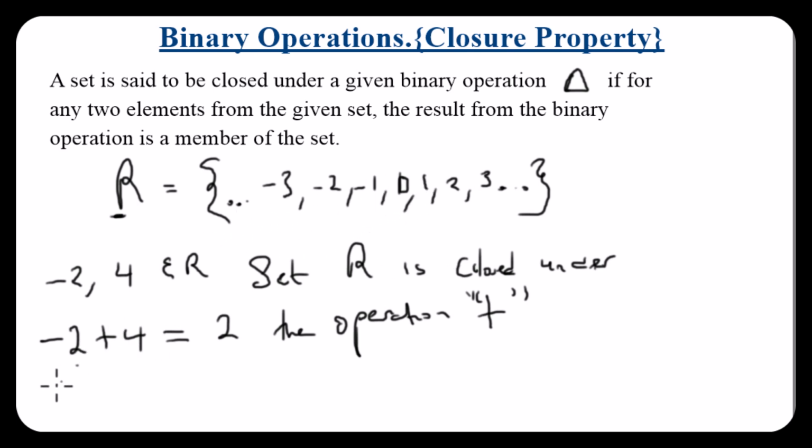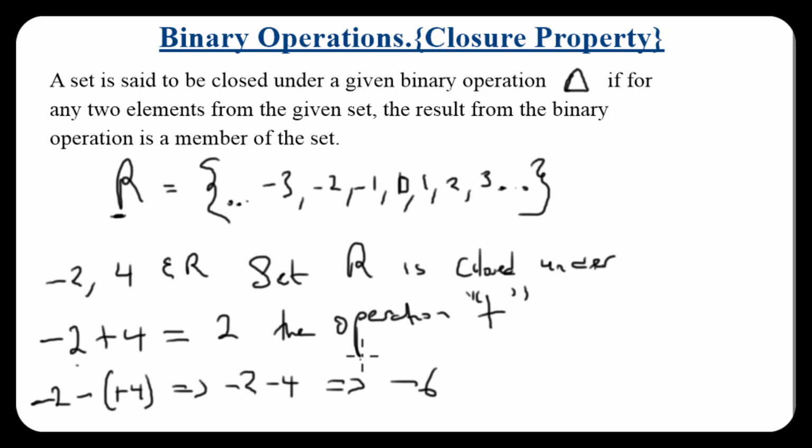Okay, so let's try and combine again under subtraction this time around. So let's say minus 2 minus 4. Since we're taking a positive 4, this becomes minus 2 minus 4, and then this becomes minus 6.